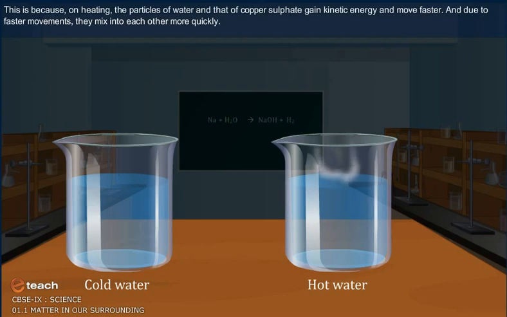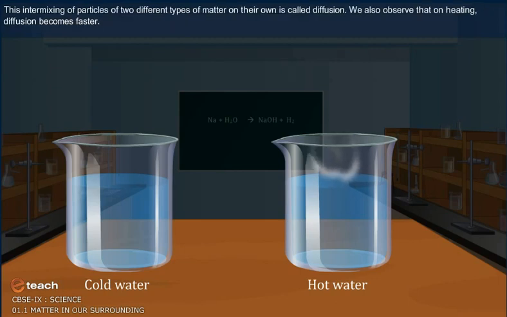And due to faster movements, they mix into each other more quickly. This intermixing of particles of two different types of matter on their own is called diffusion. We also observe that on heating, diffusion becomes faster.